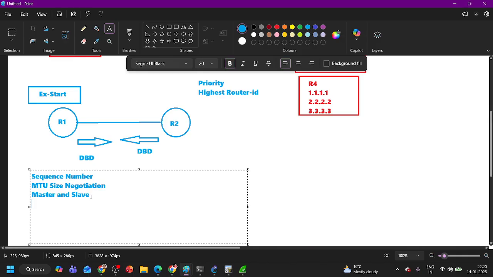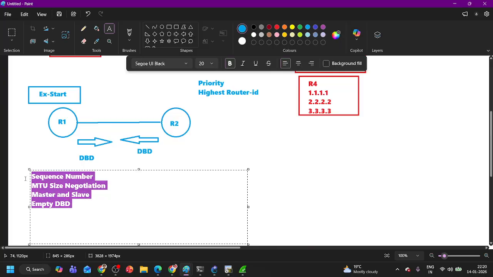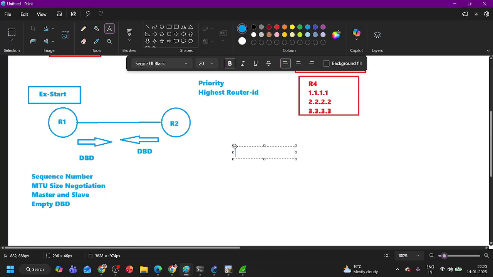And DBD, this was an empty DBD. The first DBD was an empty DBD, like the null update message in EIGRP. This was a database description, even an empty description, right? Now after these tasks, your state will move to Exchange state.